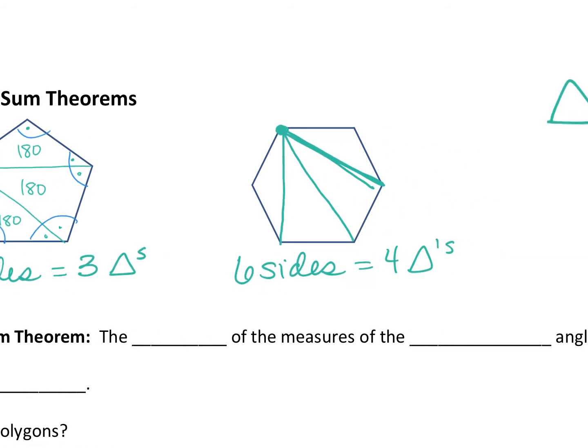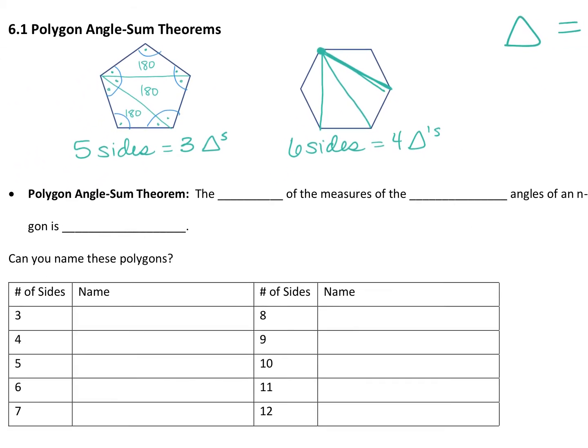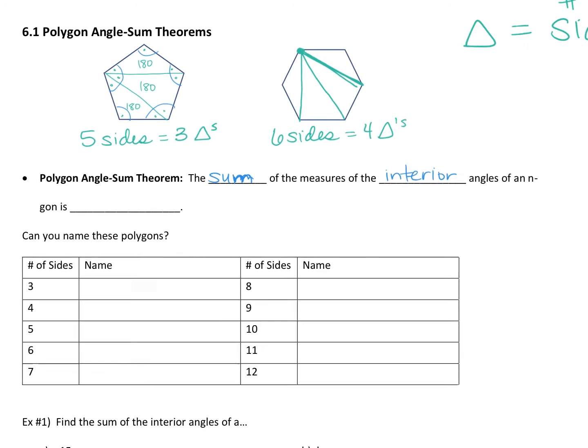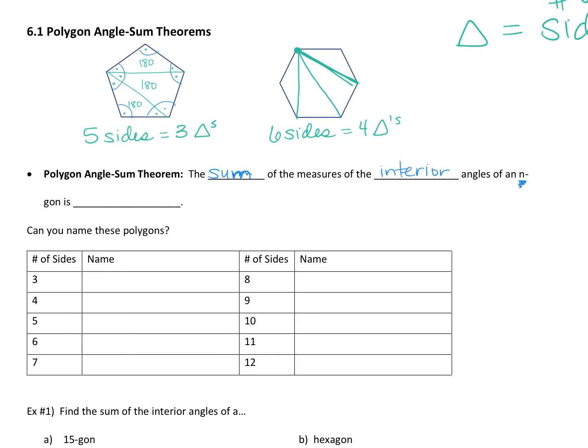I could do that on every single polygon that I could think of. All the diagonals drawn in, how many triangles did I get? How does that work out to its sum? Here's how it works out. The sum of the measures, that's an M, of the interior angles, interior meaning angles on the inside, of an n-gon, meaning however many sides a polygon has, n sides, the sum is always going to be the number of sides minus 2 times 180.